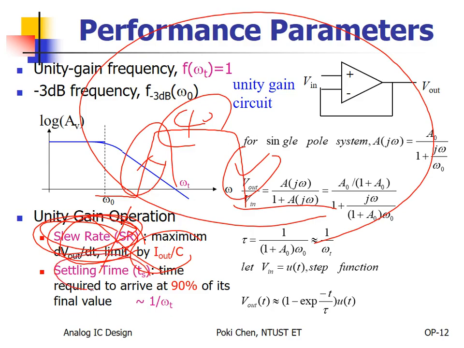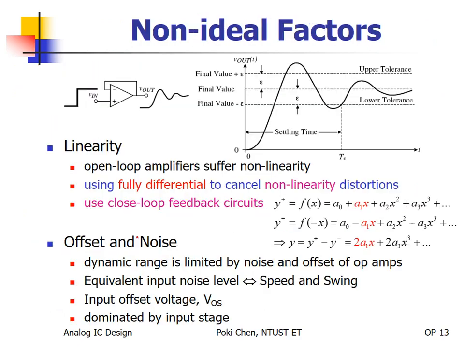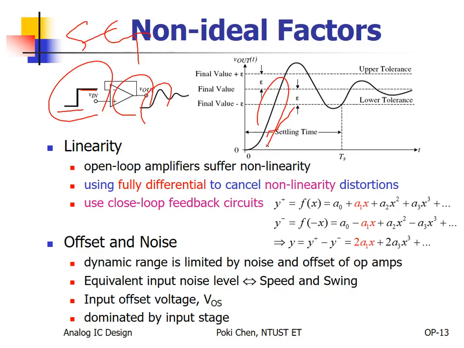And the other one is settling time. Again, what is the definition of settling time? Here, if you apply a step function from 0 all the way to 1, at our output we have the slew rate limitation, and after you reach the maximum, you usually have damping. So what is the definition of settling time?